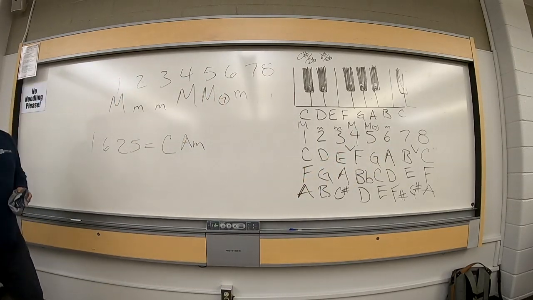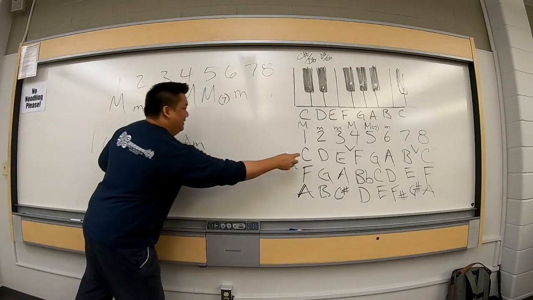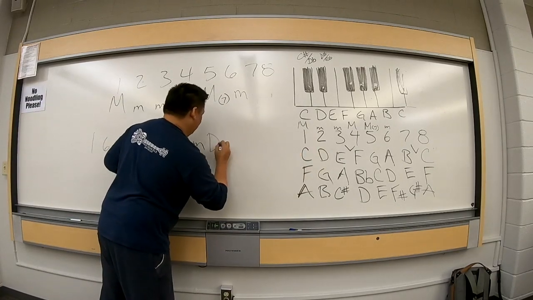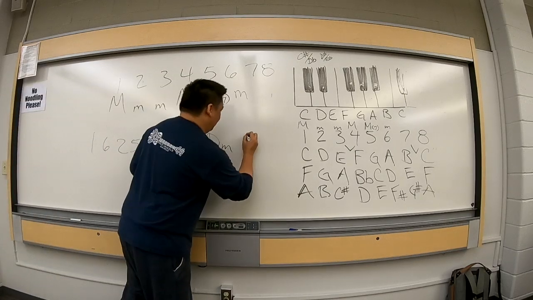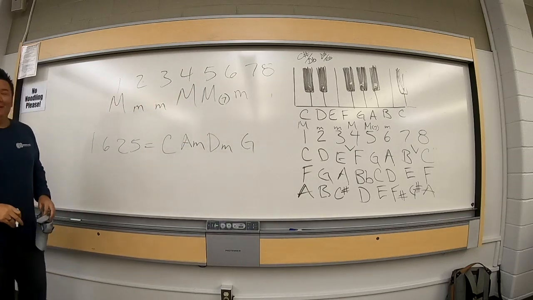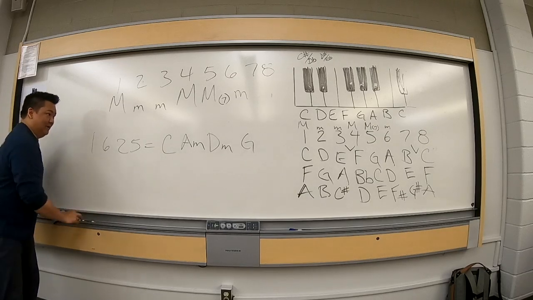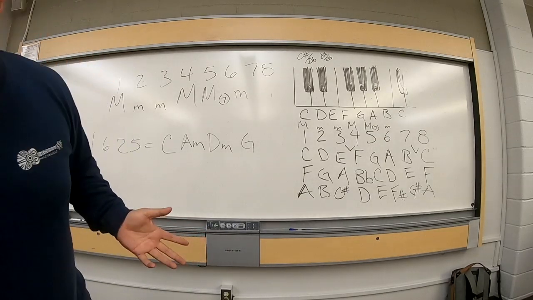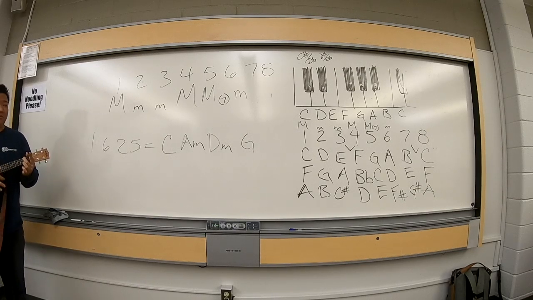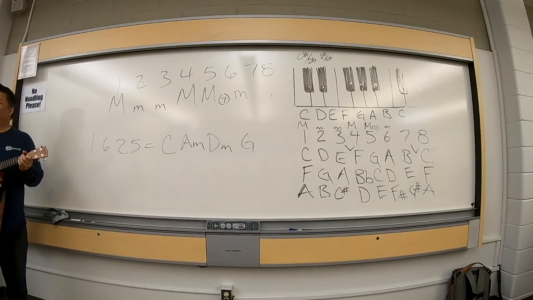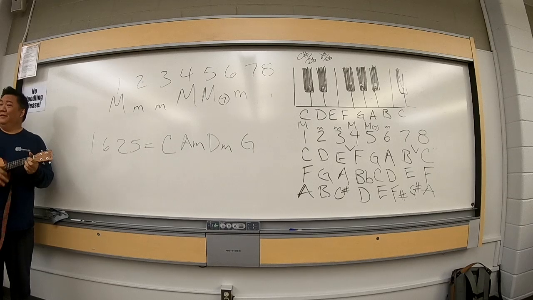My 2 chord is what? Minor. D minor. Right. My 5 chord, G or G7. So that's why, in the key of C, you'll see a lot of A minors, a lot of D minors, and a lot of Gs.